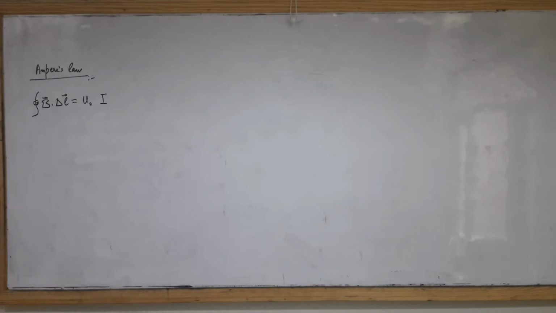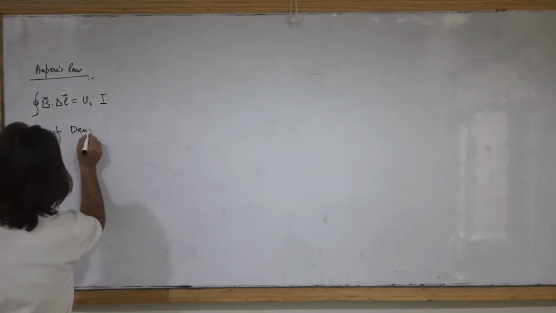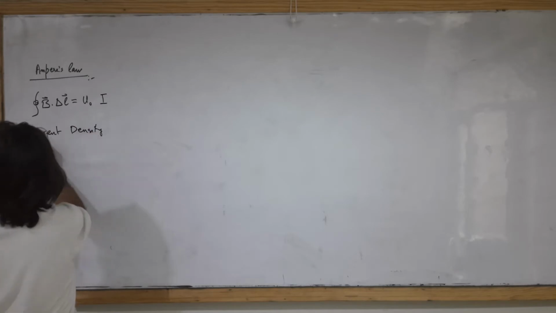Charge per unit area is the surface charge density. Charge per unit length is the linear charge density. Similarly, we define the current density.